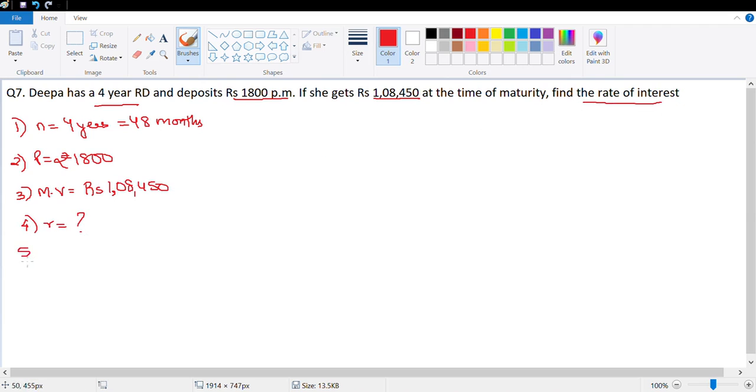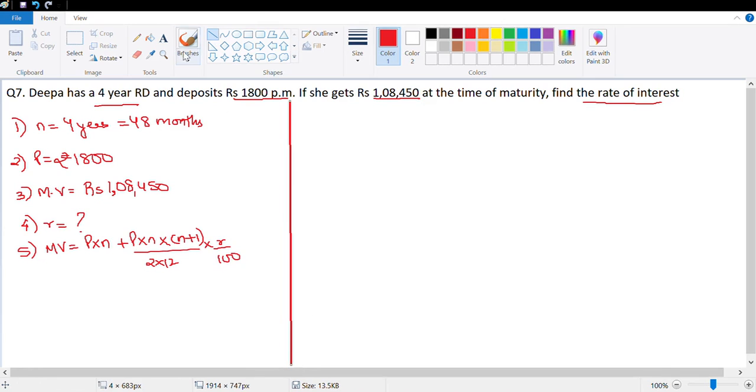We need to calculate R. Again, the same formula, maturity value is equal to P into N plus P into N multiplied with N plus 1 upon 2 into 12 multiplied with R upon 100. Let's substitute values and see what we get. So maturity value is 108,450.